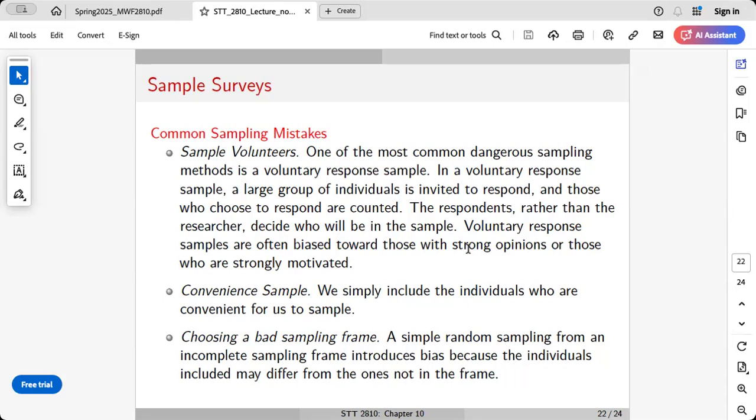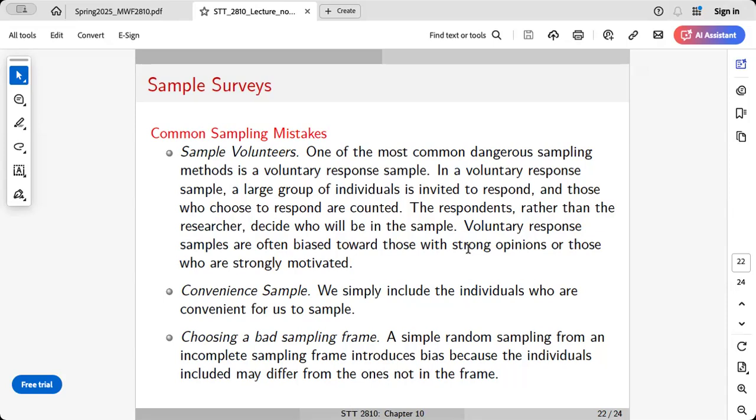And then also choosing a bad sampling frame. So for example, you want to know more about maybe medical doctors in Boone, and then you decide to speak to those whose hospitals are on the ads.